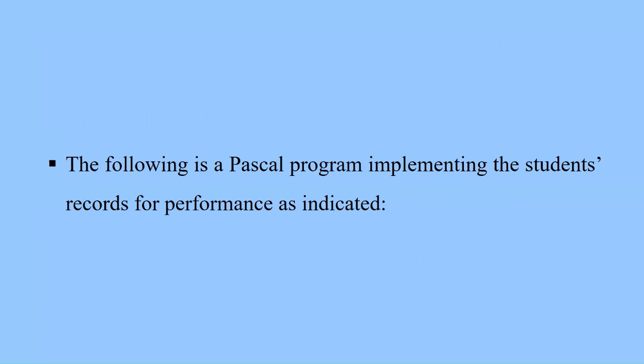So the following is a Pascal program implementing the students' records for performance as indicated. So program is results, we declare uses, then we define the record. So it is type performance equals record.